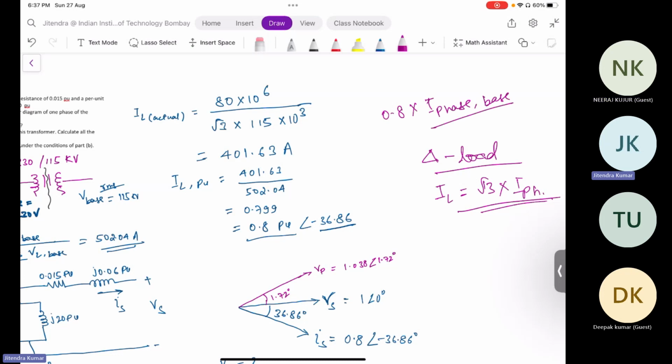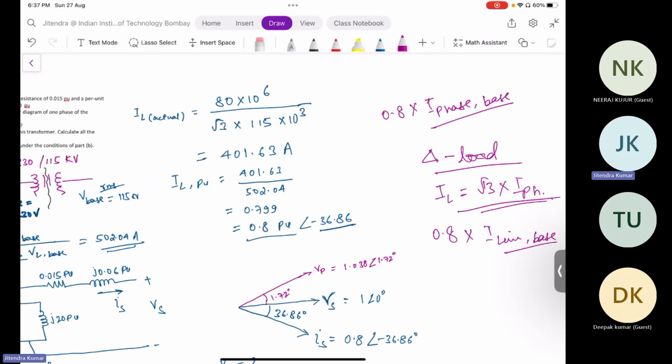And when I require the line value of the load current, I will just multiply 0.8 into I line base. Since the base value will change for each thing, either phase or line, it will change accordingly. So your per unit will not change.